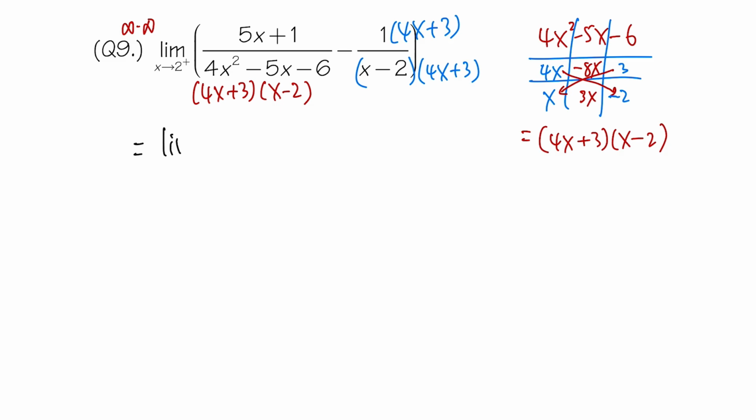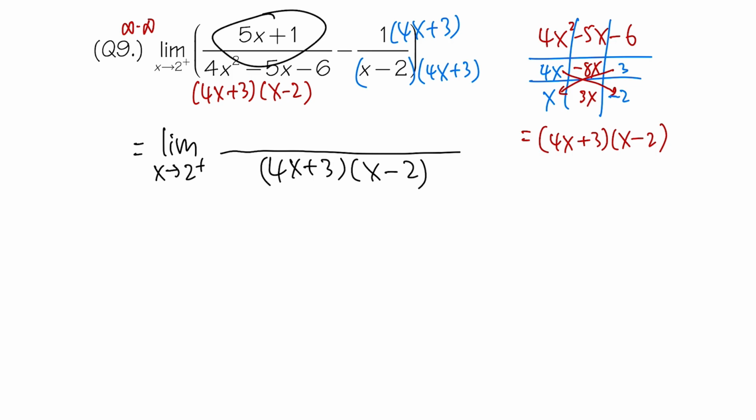So here we have the limit as x approaching 2 plus, and I'm just going to put them together as one big fraction. We have 4x plus 3 times x minus 2. On the top, we have that 5x plus 1 that stays the same. And then, don't forget that, be really careful here. It's a minus 1.